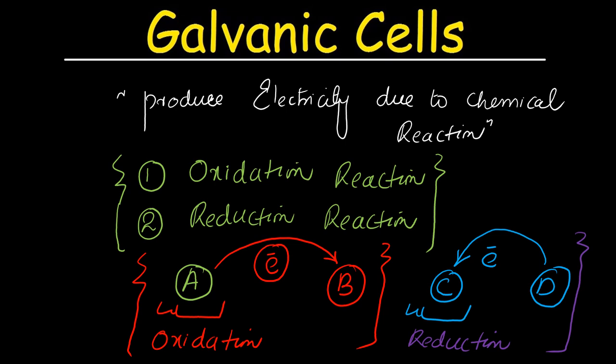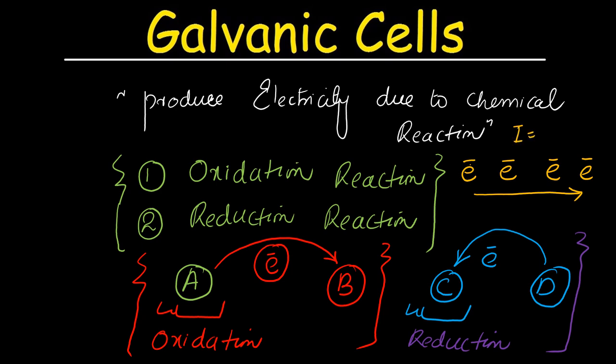Due to the oxidation and reduction reactions in a galvanic cell, there occurs a flow of electrons from one side of the galvanic cell to the other side. The flow of electrons is known as a current.